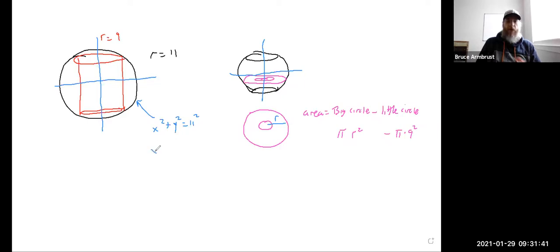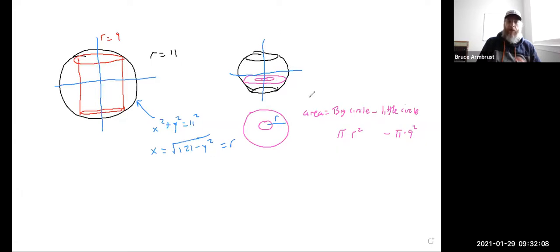So if I solve this for x, that's the square root of 121 minus y squared. And that x is my little radius. Right? Think about on this picture, the radius of this outside is determined by the x value on this circle.